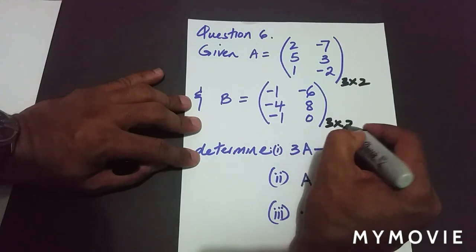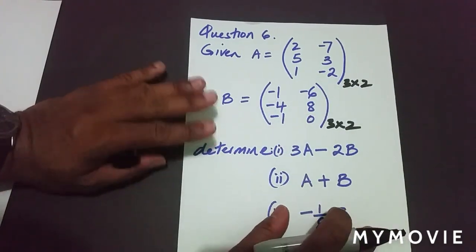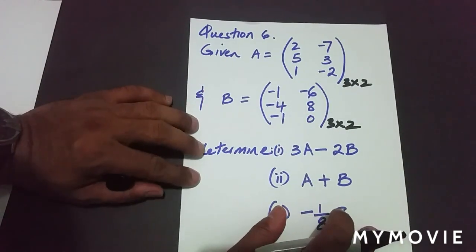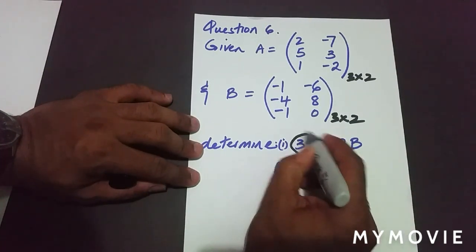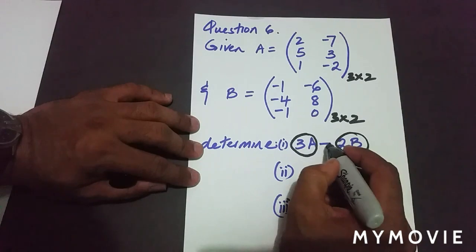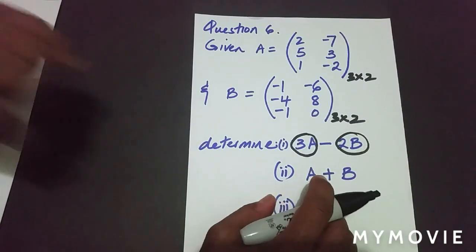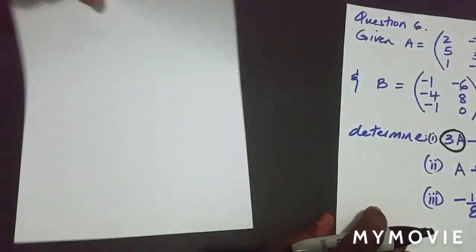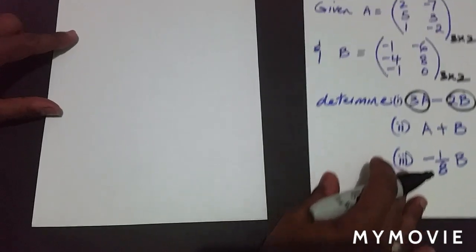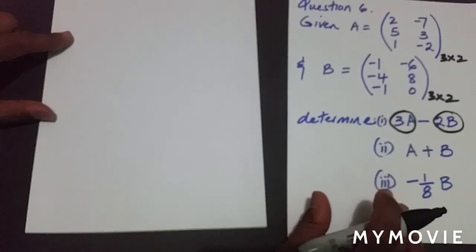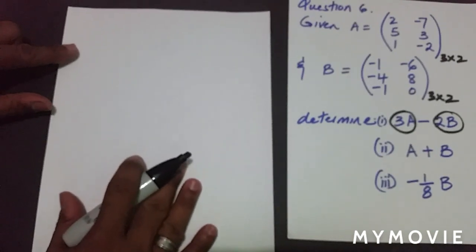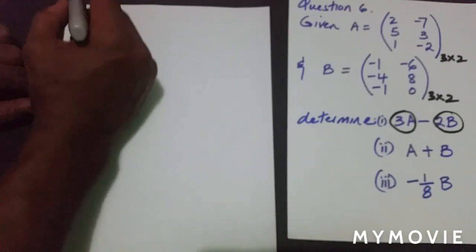This one is also 3 by 2. So when they're of the same order, addition and subtraction can occur, right? And of course, for part 1, the recommendation is to do this first, do that second, and then do the subtraction. So let's see if we can get that done.